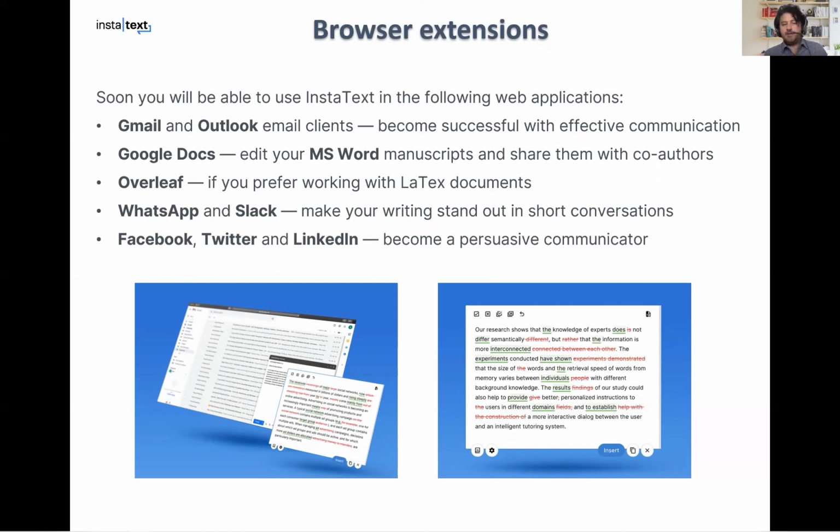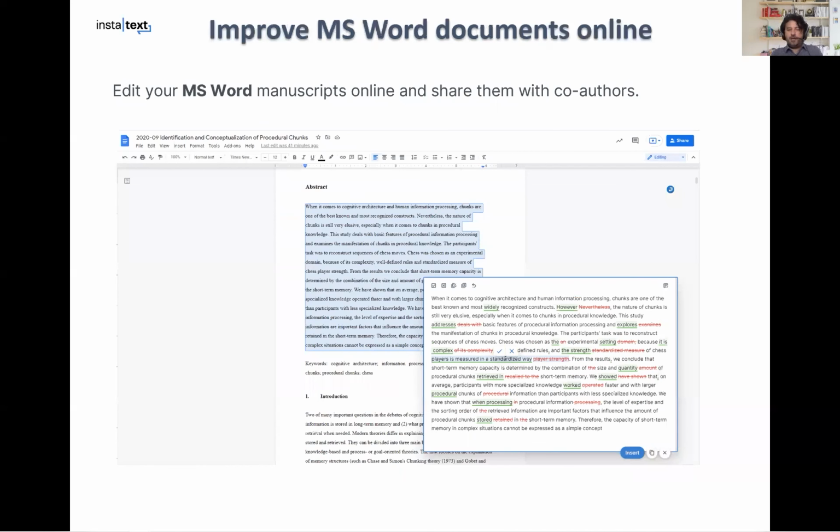And then social media, Facebook, Twitter, and LinkedIn. And just to give you a feeling how it looks like in Word Online, here is a screenshot from Google Docs. You are able to simply select a particular paragraph and improve it on the fly within the same tool.